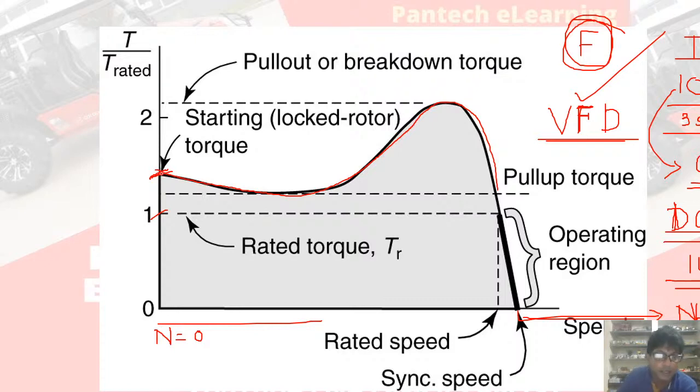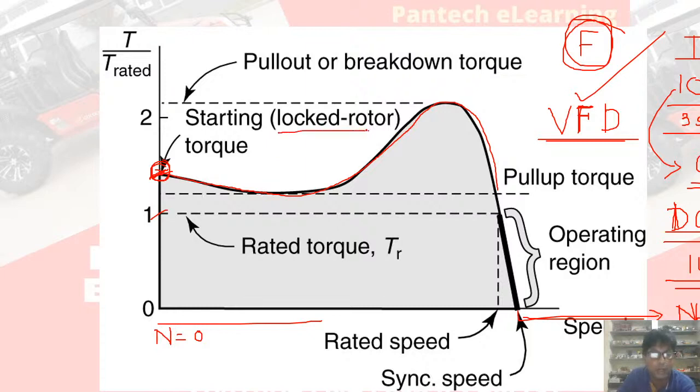So the point when the motor just starts to accelerate and the torque produced by the machine is called the starting torque or locked rotor torque, because basically the rotor is at standstill, that's why it's called locked rotor torque.